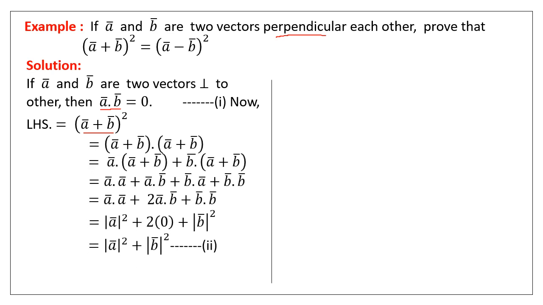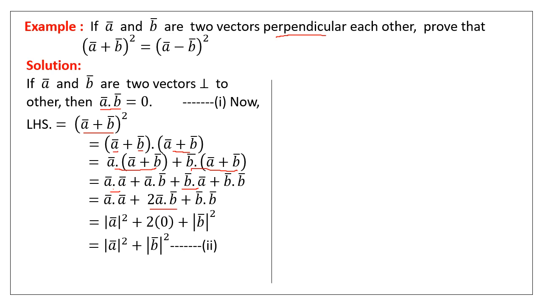Solve the square by the usual method: (a bar plus b bar) dot (a bar plus b bar). First we will multiply the second bracket by a bar and then the first bracket by b bar. So from this we have a bar dot a bar plus a bar dot b bar plus b bar dot a bar plus b bar dot b bar, equals a bar dot a bar plus 2 times a bar dot b bar plus b bar dot b bar.